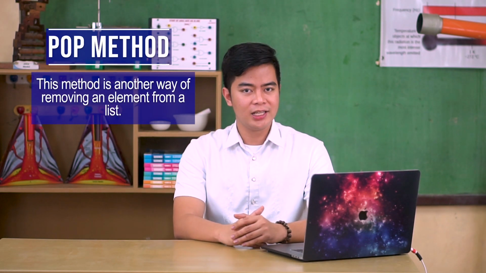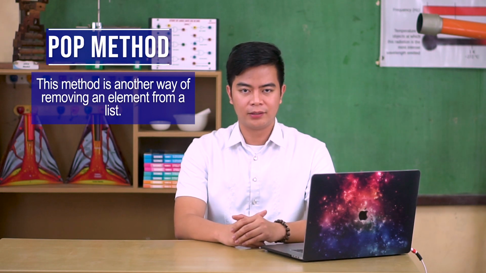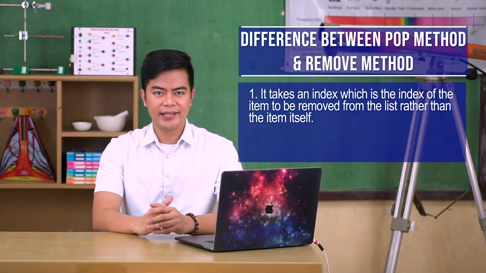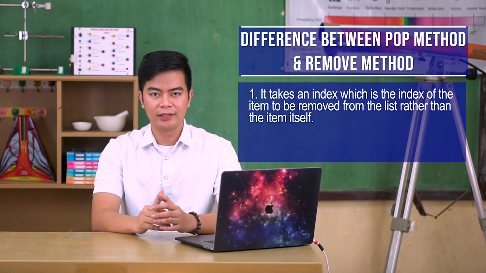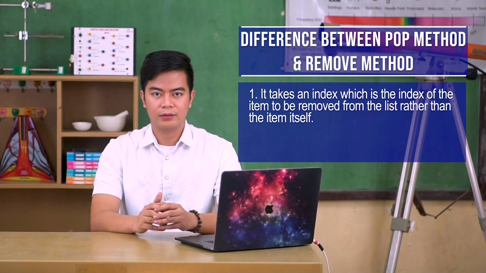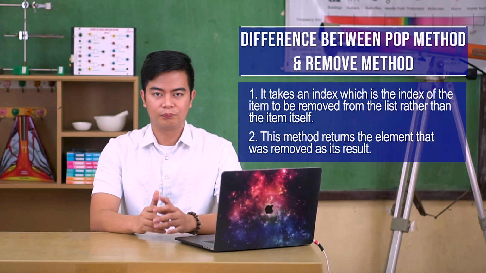This removes an element from the list. However, it is different from the remove method in two ways. First, it takes an index, which is the index of the item to be removed from the list, rather than the item itself. Second, this method returns the element that was removed as its result.